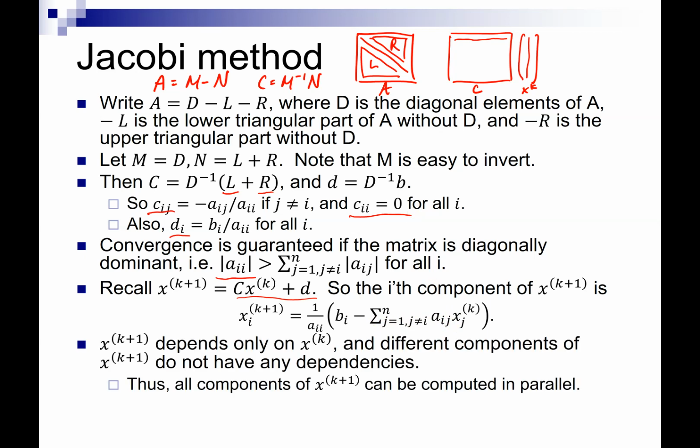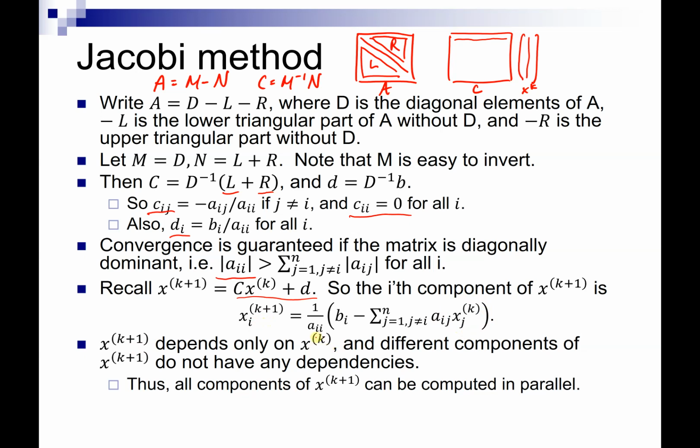Now if you look at this formula, you see that in order to compute the k plus first iteration of x, all you need are the values from the kth iteration of x. So x of k plus 1 only depends on values from x of k.